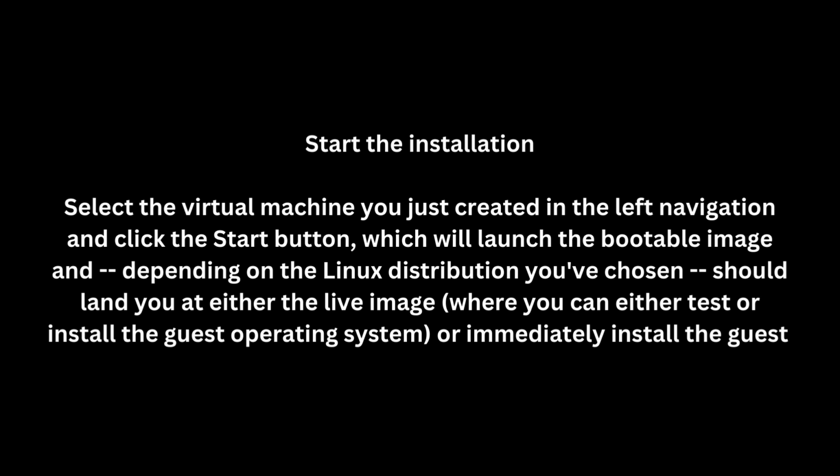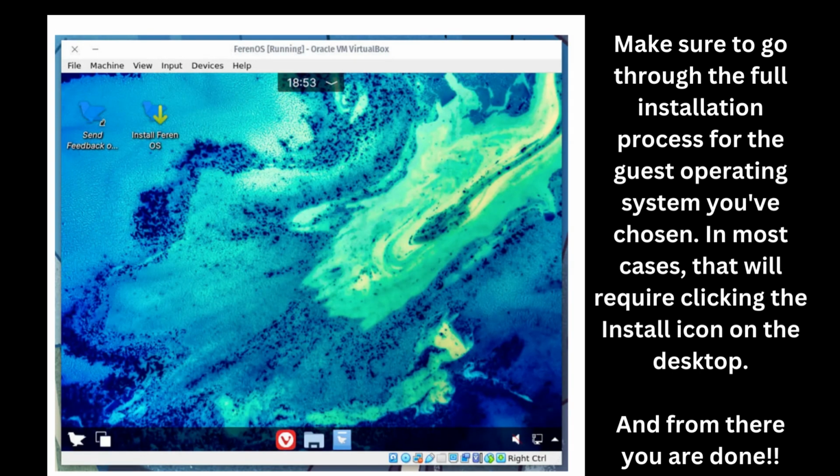Start the installation. Select the virtual machine you just created in the left navigation and click the Start button, which will launch the bootable image, and depending on the Linux distribution you've chosen, should land you at either the live image, where you can either test or install the guest operating system, or immediately install the guest.